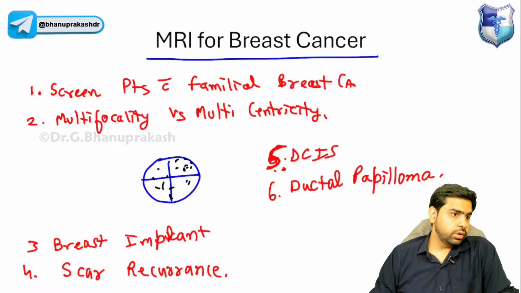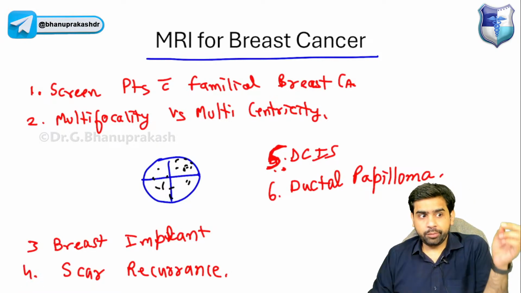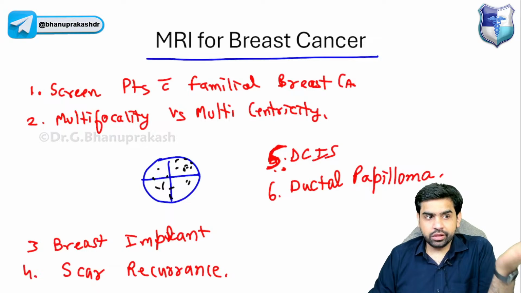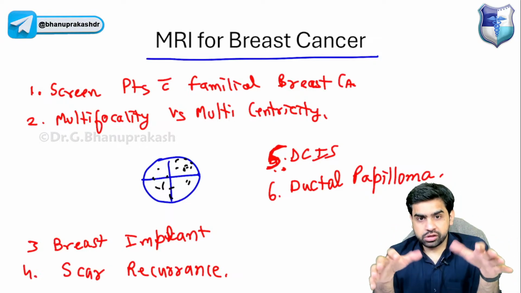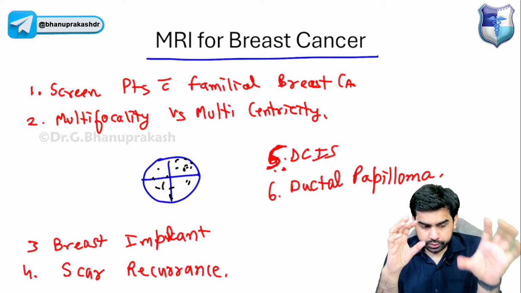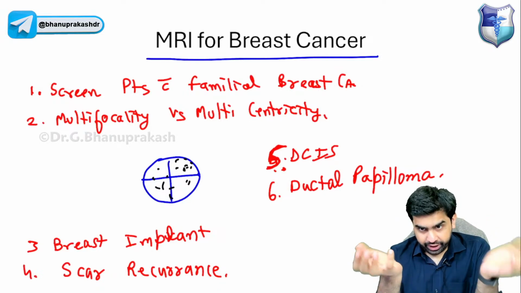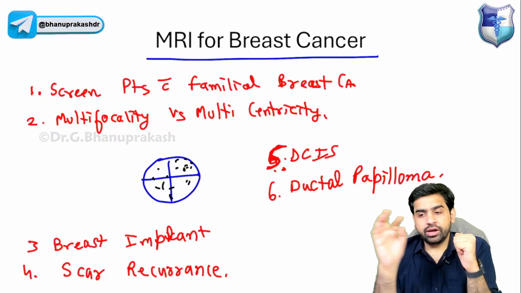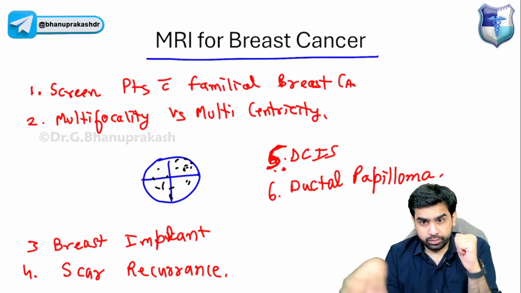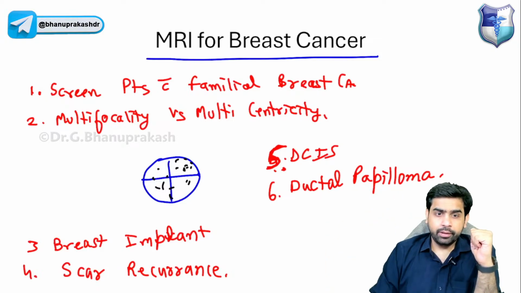Somebody is asking me a question: multifocality, is it malignancy? Both are malignancy, so please try to understand. If there is a malignancy, it can involve one particular quadrant of the breast, or it can involve multiple quadrants of the breast.